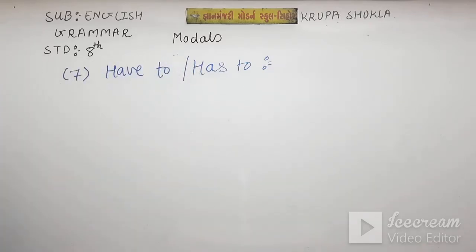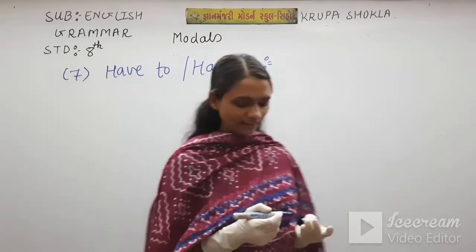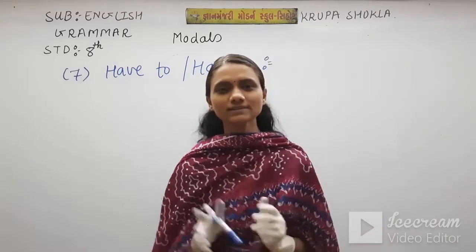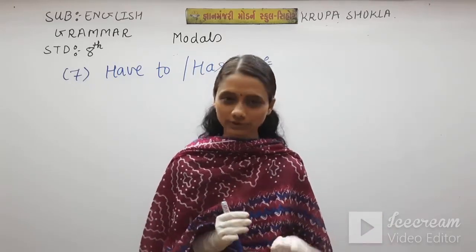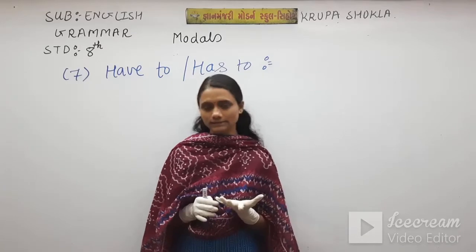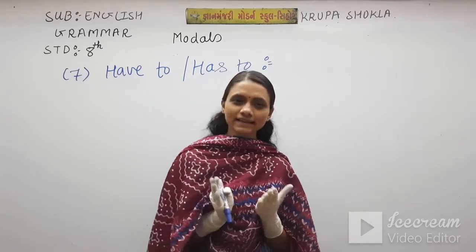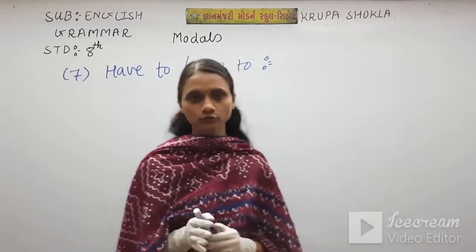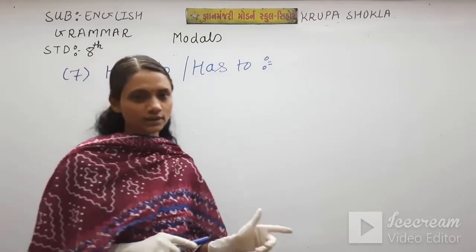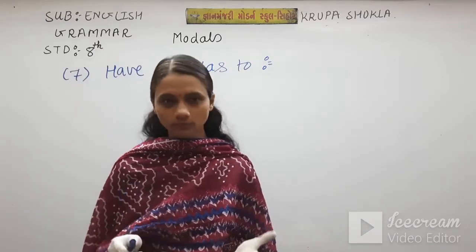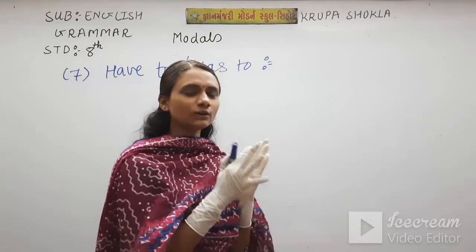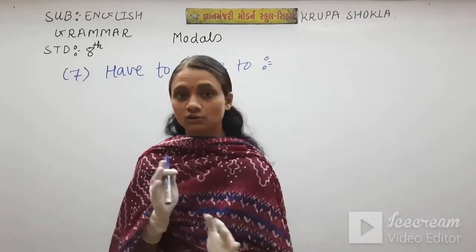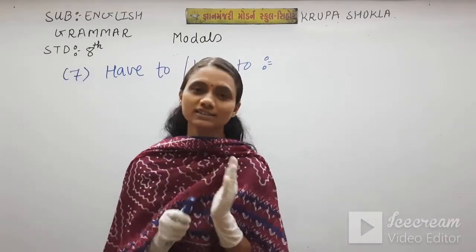Now see, must and have to are both like twin brothers. There is a slight difference between must and have to. So in which situation can we use have to? Now you have a clear idea about must, that this particular situation demands must. So which kind of situation demands have to?